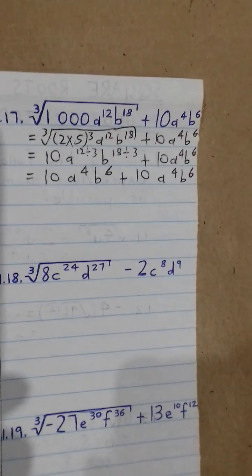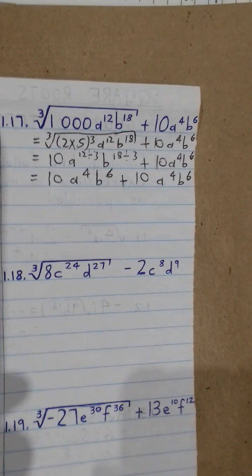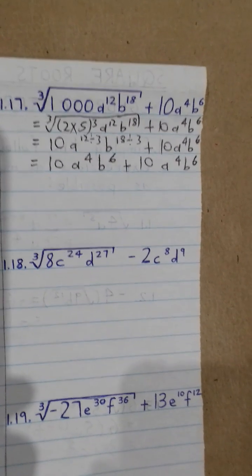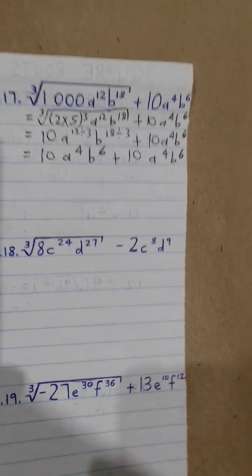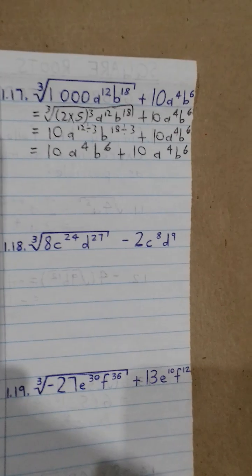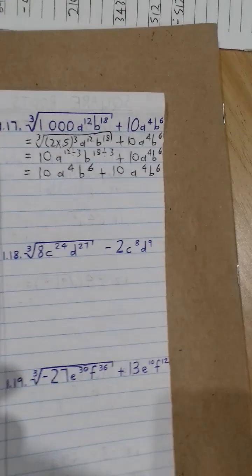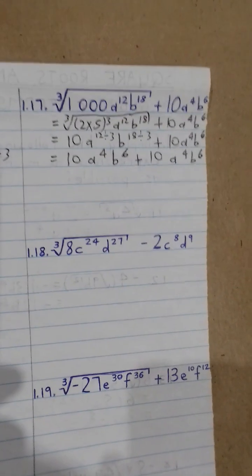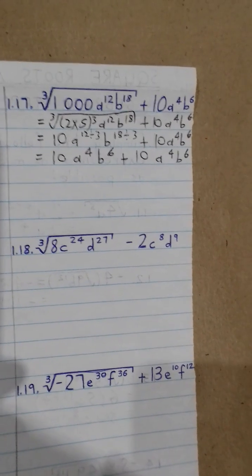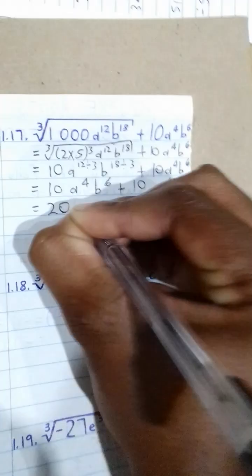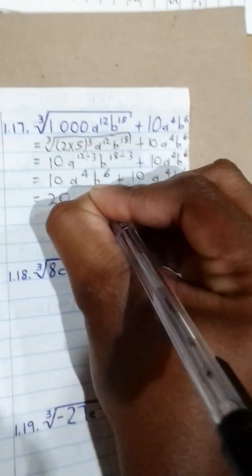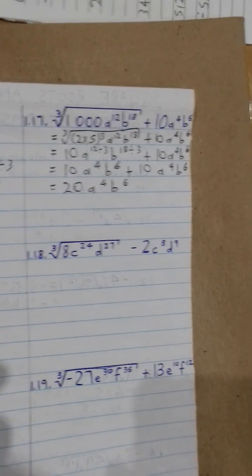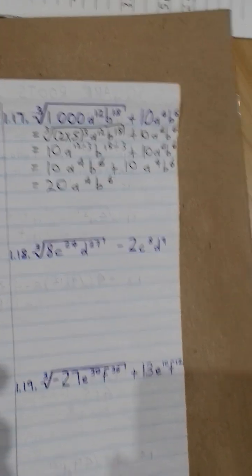Are these like terms? Yes, they are, because they contain the same variables, a and b, and the same variables are raised to the same exponent. So a is raised to the power of 4, b is raised to the power of 6. So you deal with the coefficients. 10 plus 10 is 20. 20a to the power of 4, b to the power of 6. I hope that is clear and I hope that makes sense.